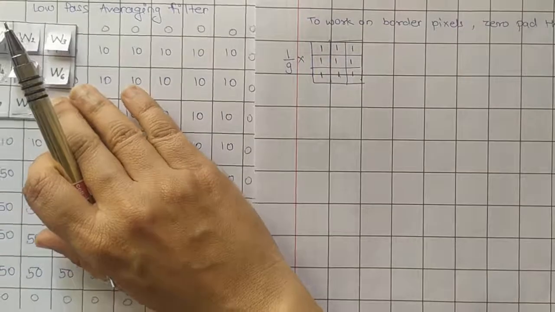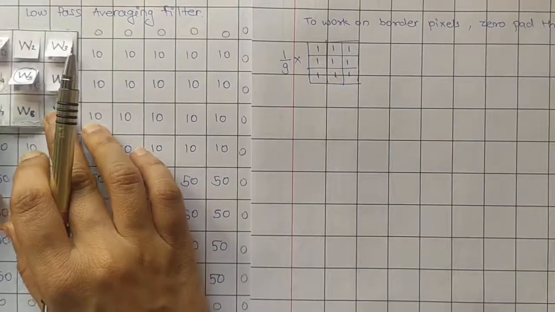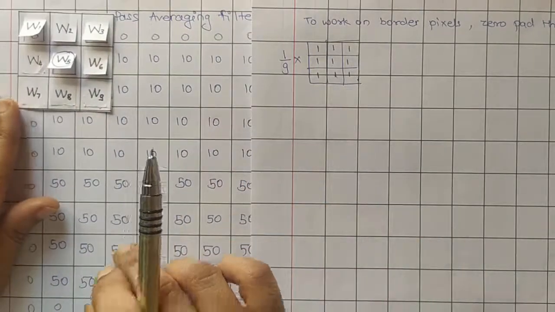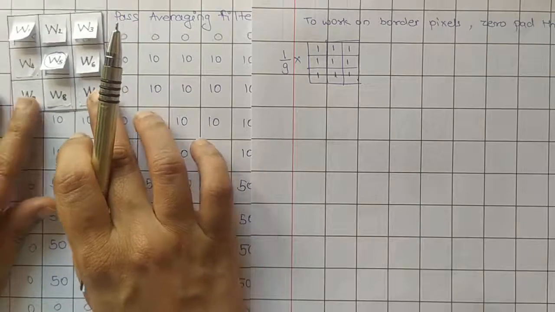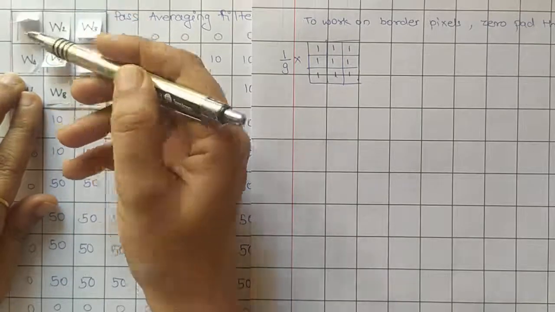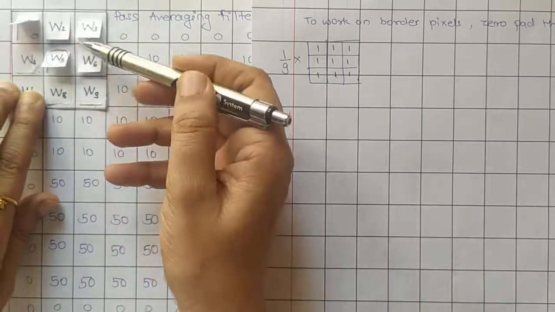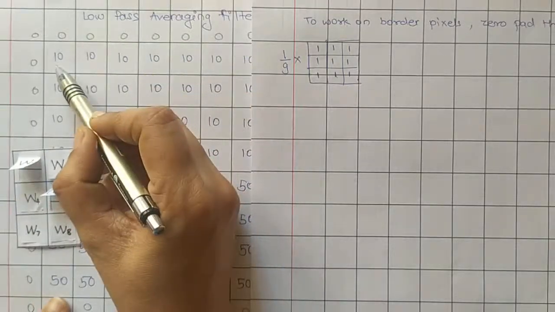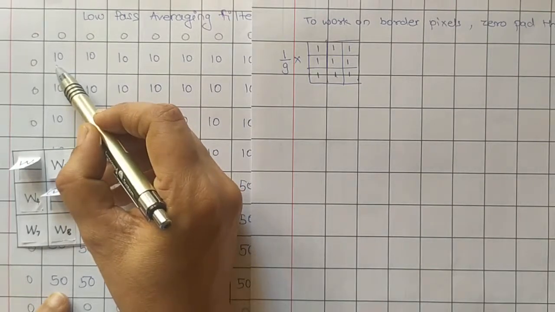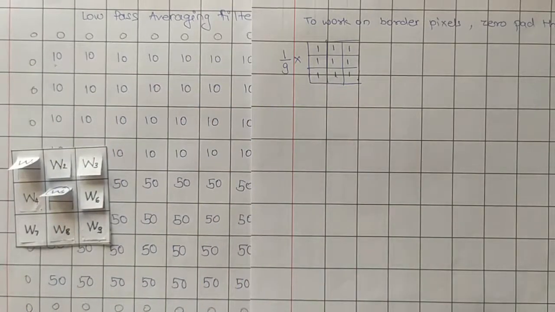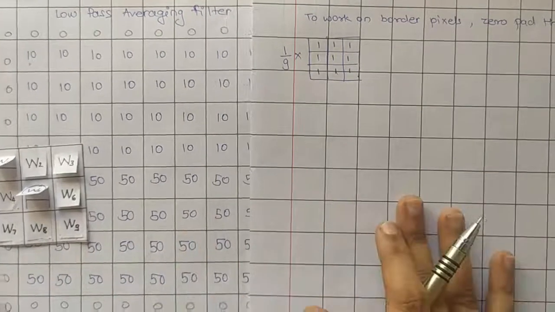When you put this mask over the zero padded image, W1 will coincide with this zero pixel which is zero padded, and W5 will coincide with the very first pixel of the image, that is the border pixel. In this way we can do low pass or averaging filtering over the given image.